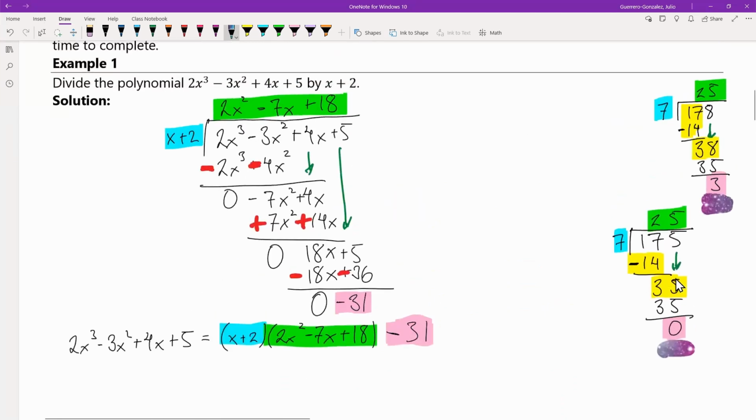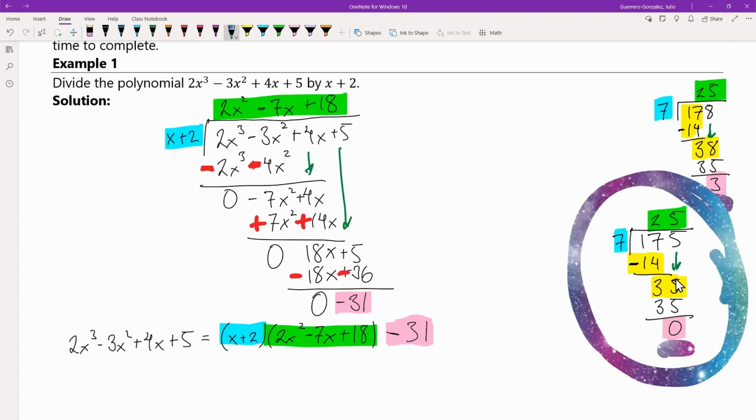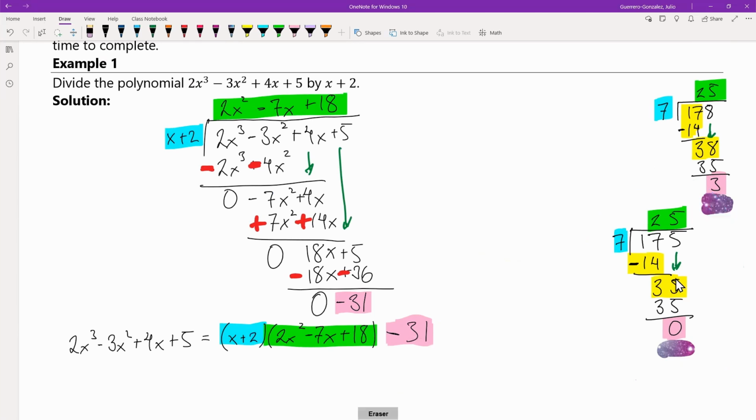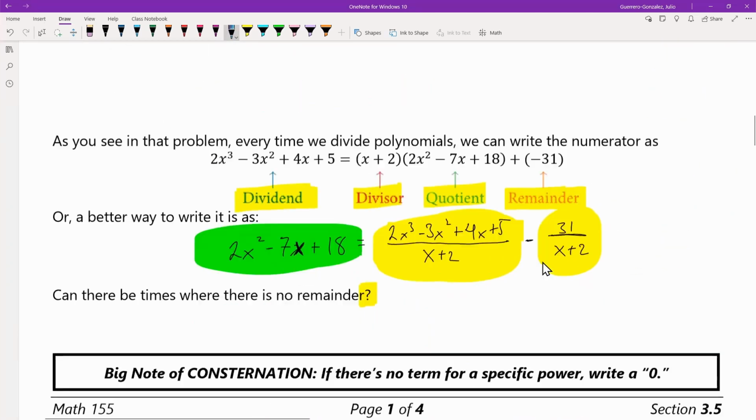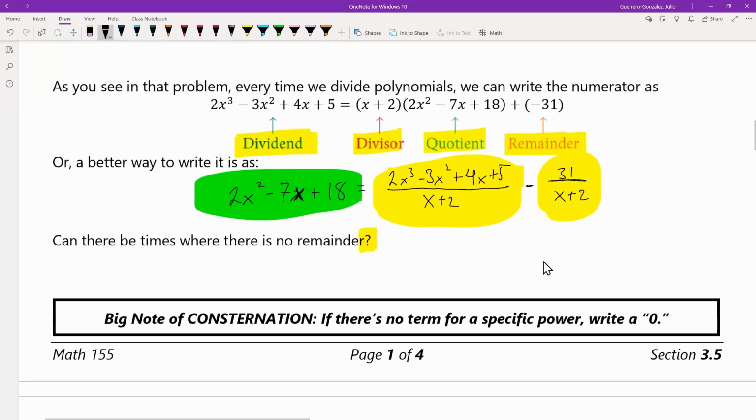If we go back up here and look at the one that had no remainder, we found out that 7 goes into 175 25 times with no remainder. That meant that 7 divides cleanly into 175. The same thing happens here. So yes, we can, and that means no remainder, so it divides cleanly.